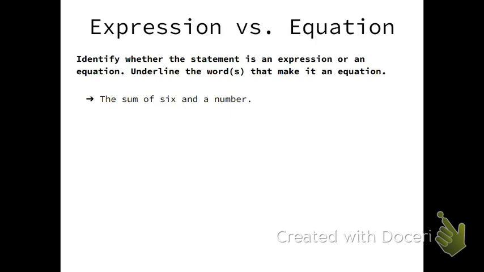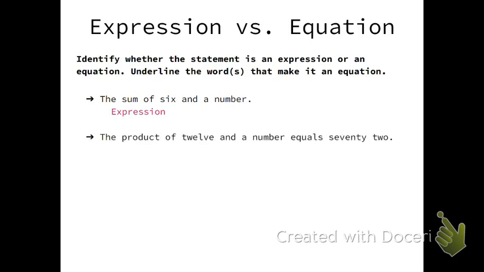So next up, we're going to have a couple of sentences, and we're going to figure out whether these are expressions or equations. And we're going to look for some key words here to help us tell the difference. So first we have the sum of 6 and a number. That is an expression. That would be 6 plus x.